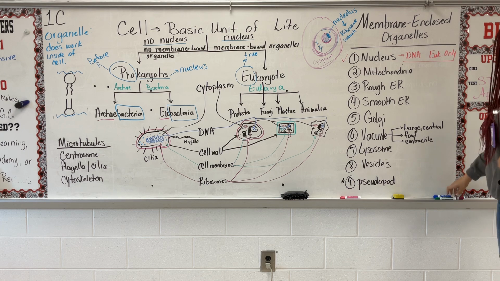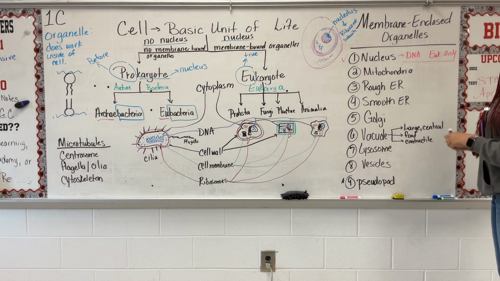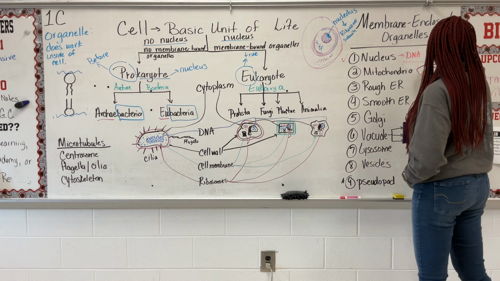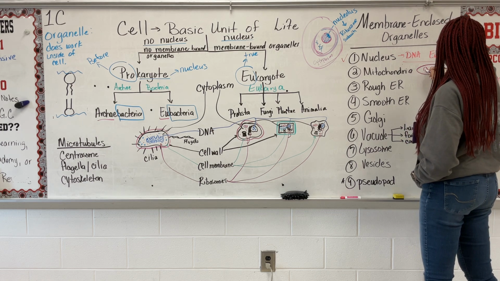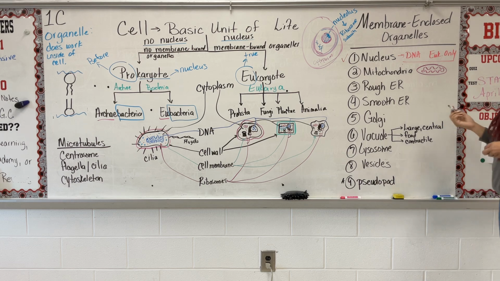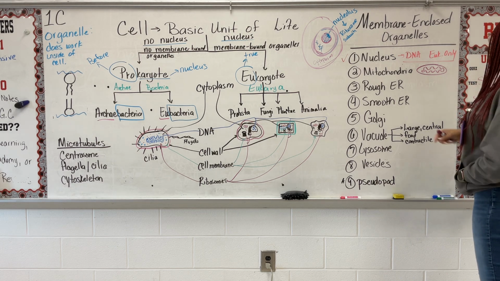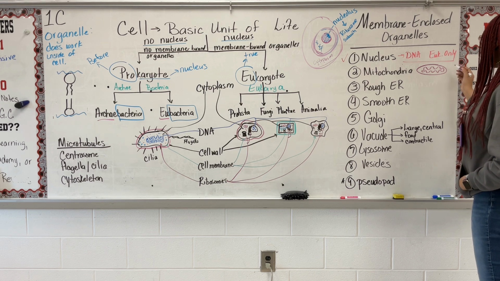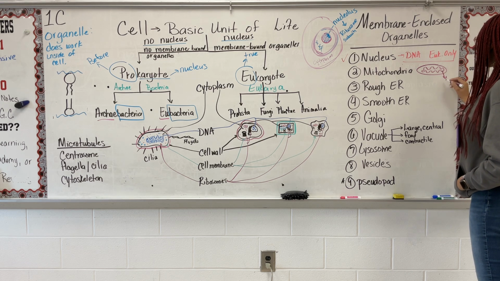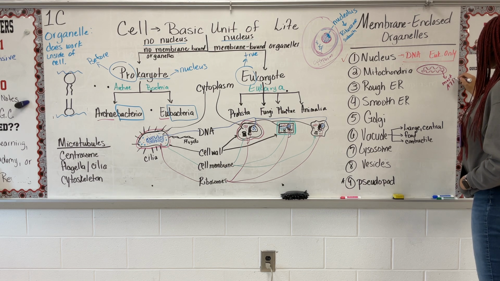Now, the next organelle is the mitochondria. Mitochondria is a double membrane enclosed organelle. Its origin is explained through the endosymbiotic theory, saying that a cell engulfed another cell and developed a symbiotic relationship. The job of the mitochondria is that it generates most of the cell's ATP.